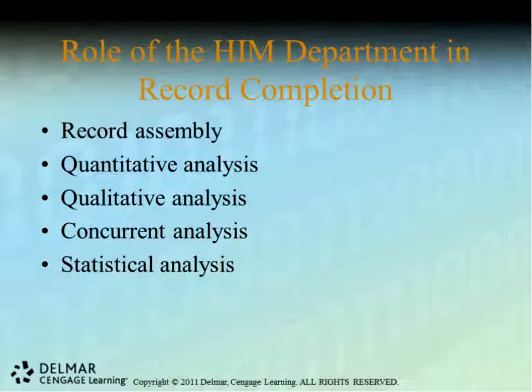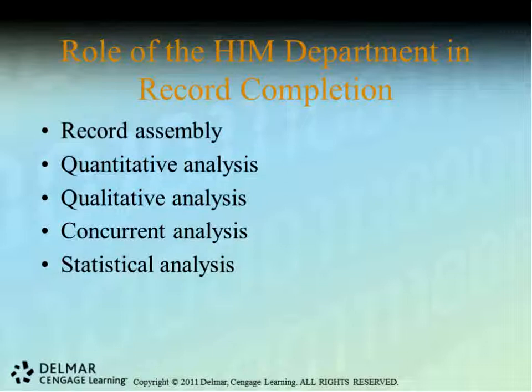You can have concurrent analysis or retrospective analysis. Concurrent analysis is when we analyze or review those records while that patient is still being hospitalized, versus retrospective analysis, which is when we analyze those records after that patient has been discharged. Qualitative analysis is all included in our analysis.